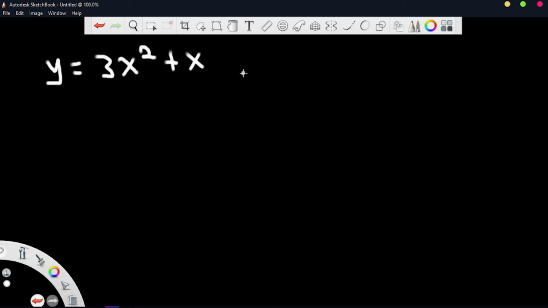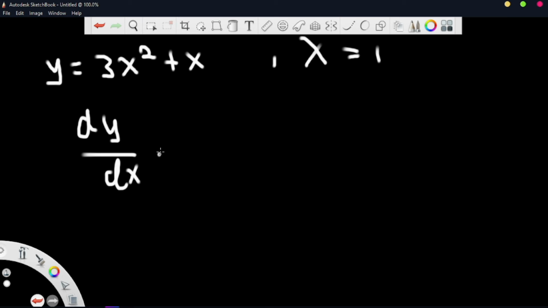and then we have been given at a point where x is equal to 1. So let's find the gradient at a point where x is equal to 1. So I'm simply going to say dy over dx is equivalent to, once I differentiate this, I'm going to get 6x plus 1.